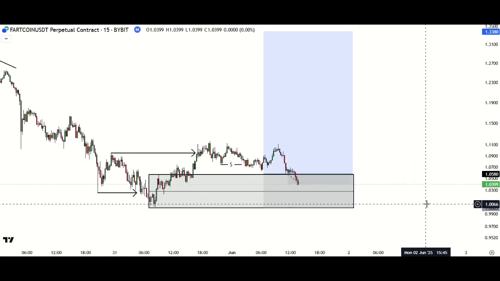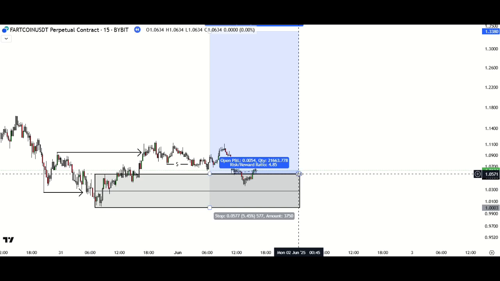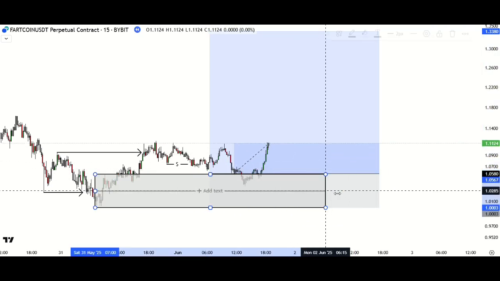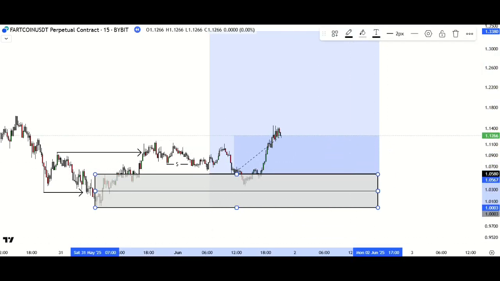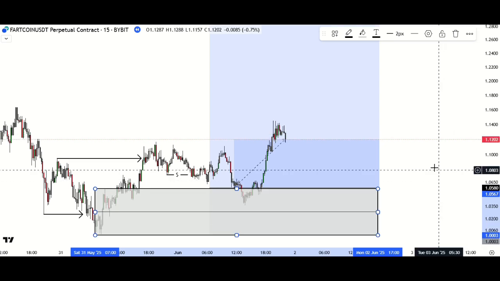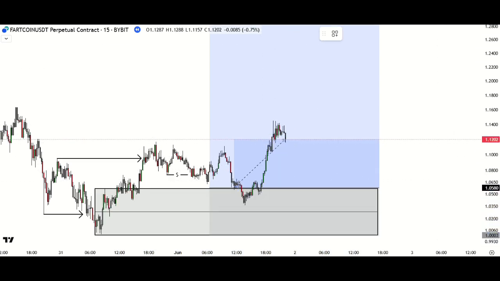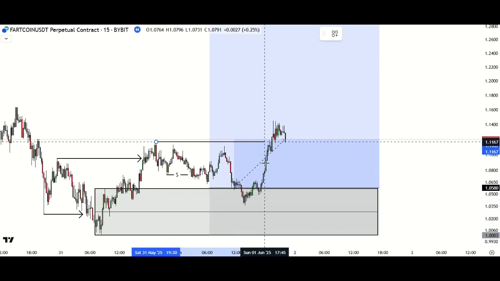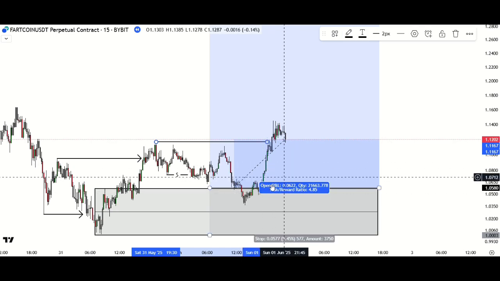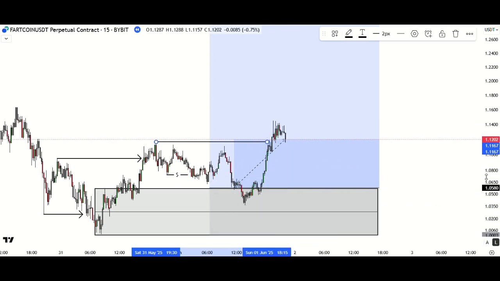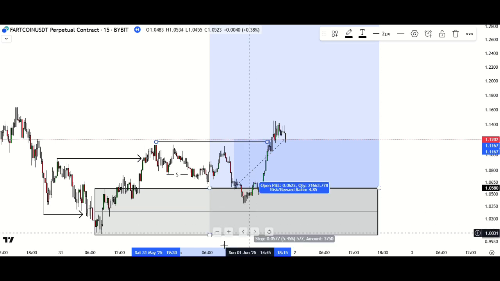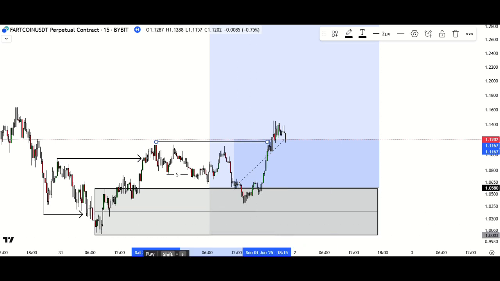So there we go, we get tapped in, and now let's see how this plays out. So that right there, this high over here can be your TP1. You can set your stop loss to break even, basically moving your stop loss to your entry price of the trade, and you just let it play out.